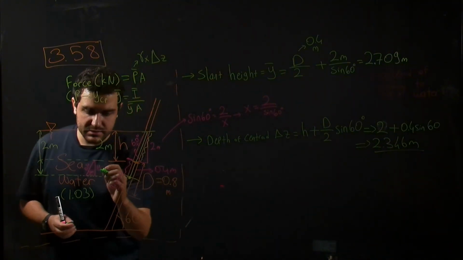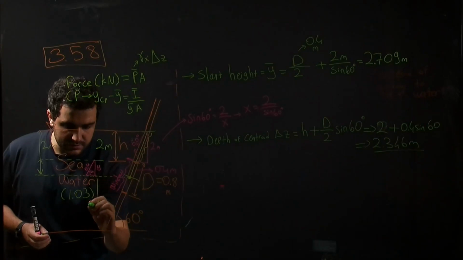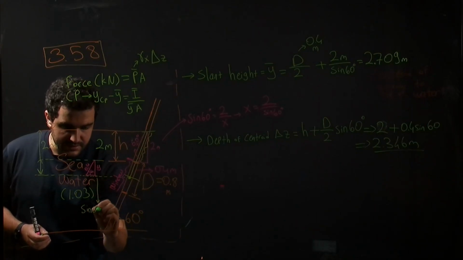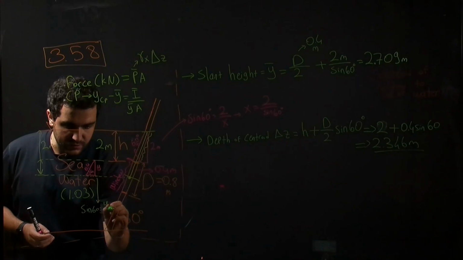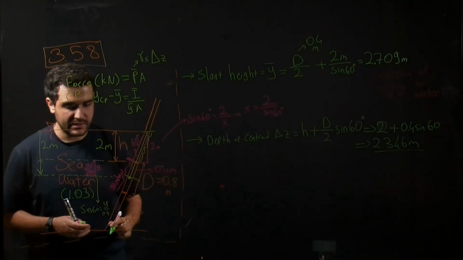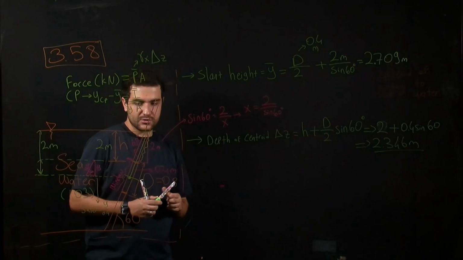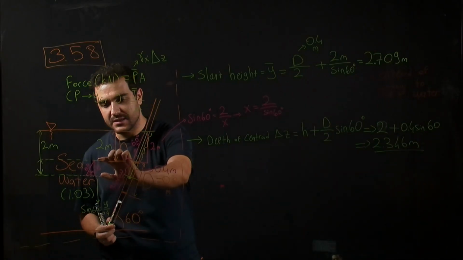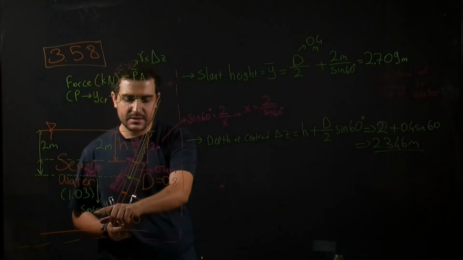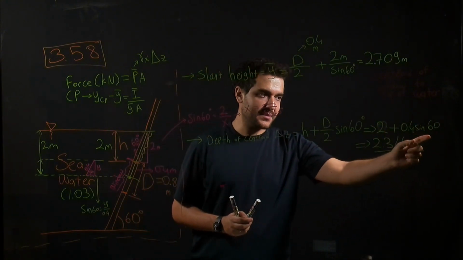And here we can do sin 60 is equal to y over 0.4. So basically this depth will be equal to 0.4 times sin 60.